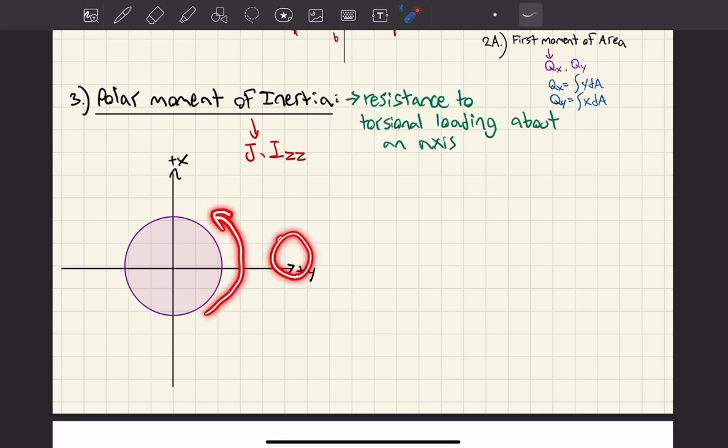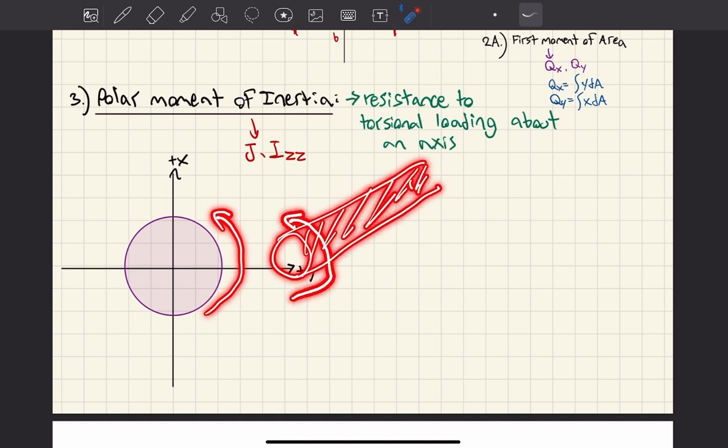If I had a bar like that, I'm twisting the bar about, if you try to visualize it, the axis going through the middle of your bar. You're twisting it about that axis, and that is torsion. You're applying this torque, trying to deform it, trying to twist it, and that's basically what we're doing.